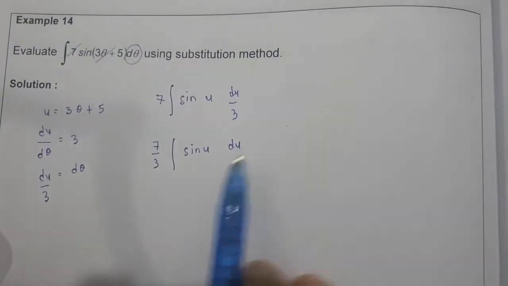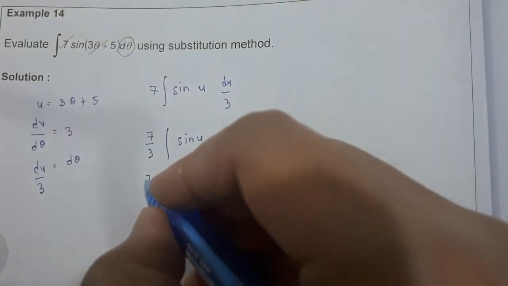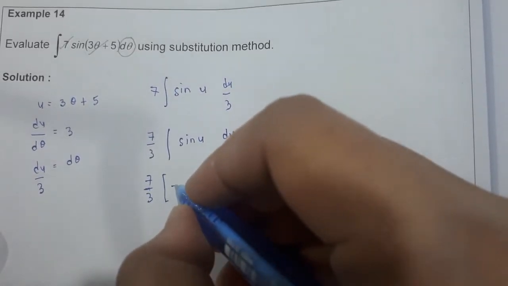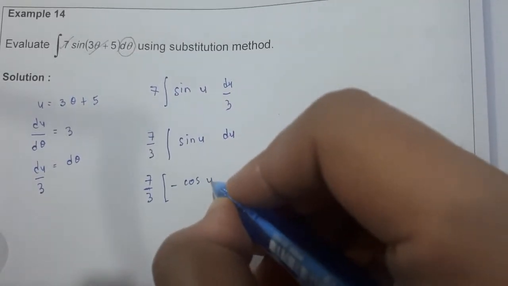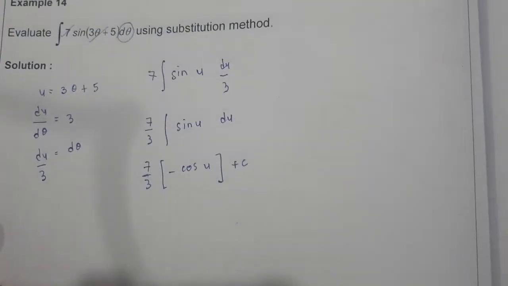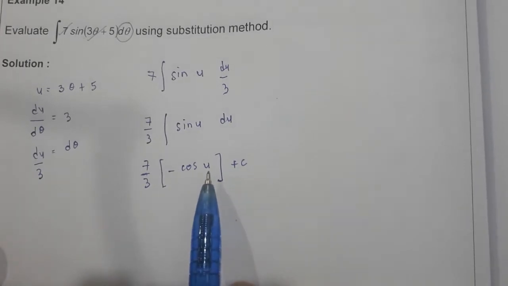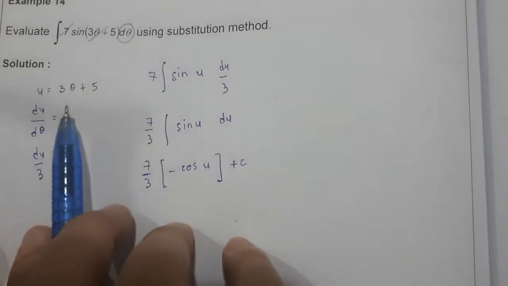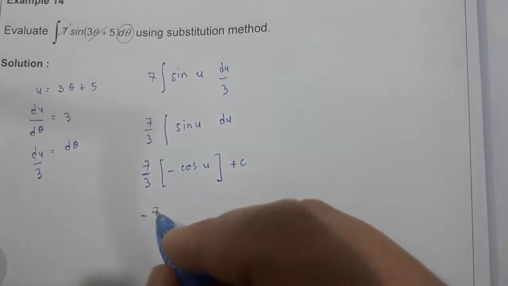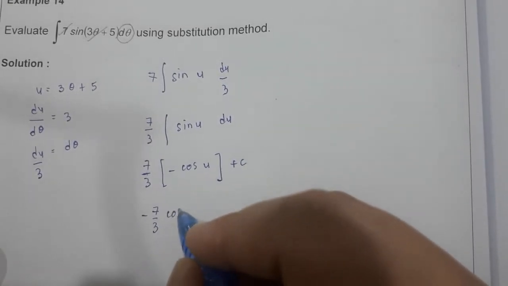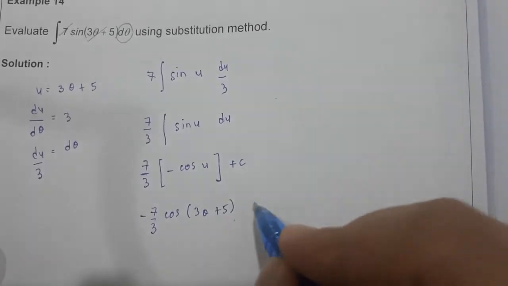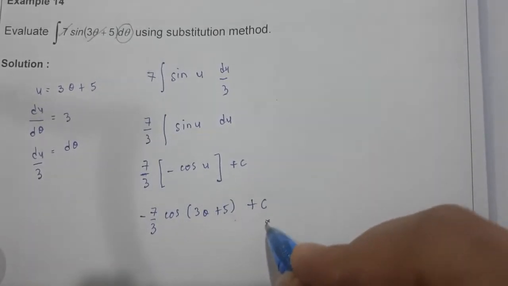Now we can solve the integration. Integrate sine u is negative cos u plus c. As for the final answer, do not forget to replace u by 3 theta plus 5. So negative 7 over 3 cos of 3 theta plus 5 plus c.